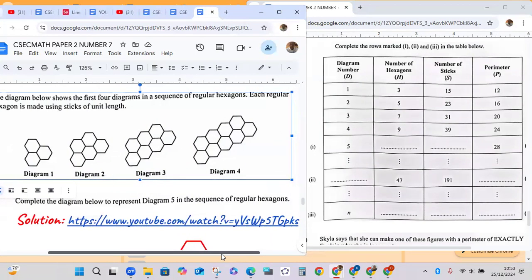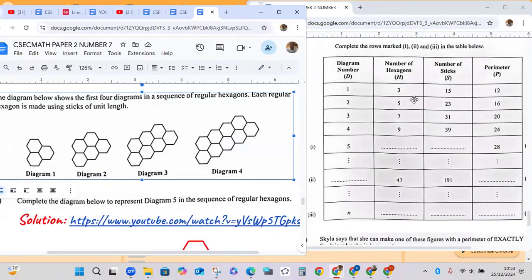But for a situation like this, you can calculate for diagram 0 if there is a diagram 0. There isn't a diagram 0, but theoretically you can create a diagram 0 and go down by 2. So 3 minus 2 is 1, sorry. Diagram 0 is 1. The number of hexagons for diagram 0 is 1. And it's increasing by 2.